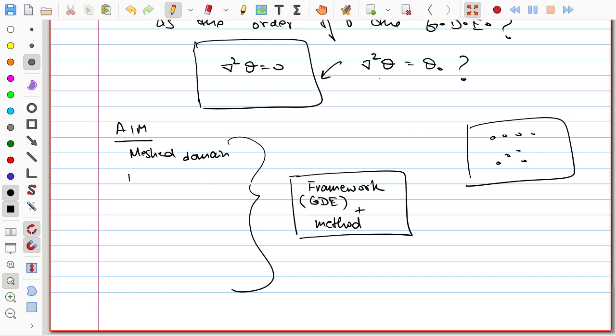The other is you have to supply some physical parameters. Okay, although you have a common form, you do not know what the value of the diffusion coefficient is. So that depends on the physical problem that you're dealing with. It could be viscosity, it could be thermal diffusivity or something like that.